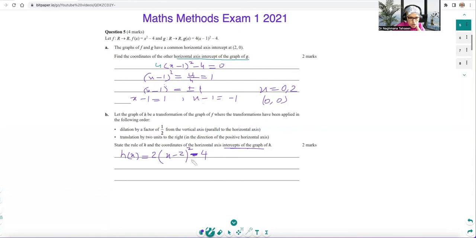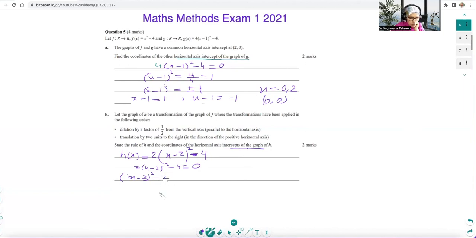So that means you do the same thing, say 2x minus 2 squared minus 4 is equal to 0. And then simplify that to x minus 2 squared is equal to 4 over 4, which gives you 1.